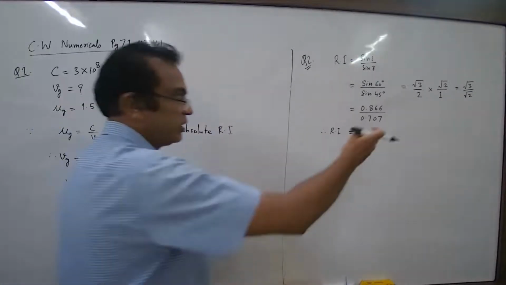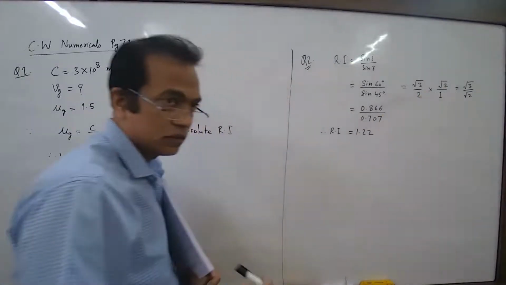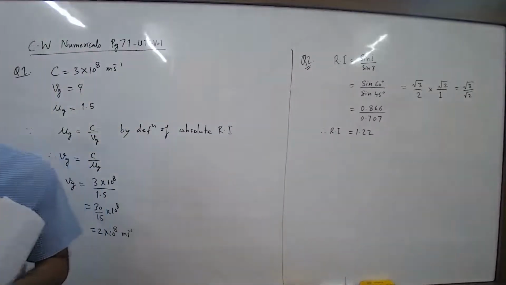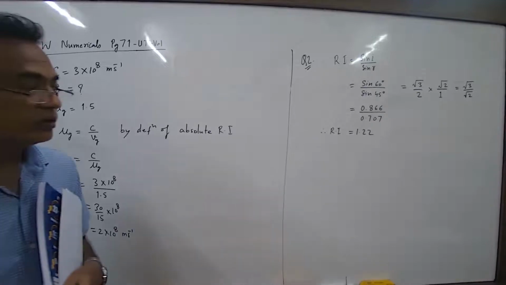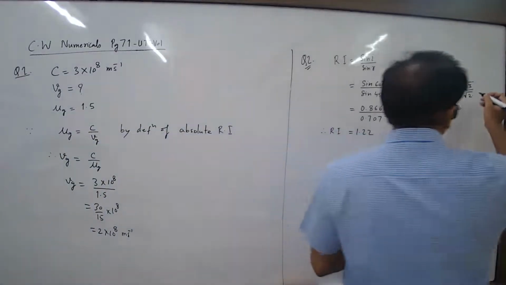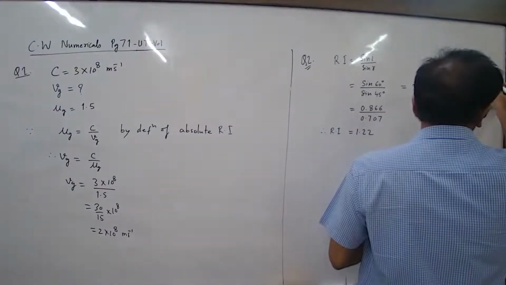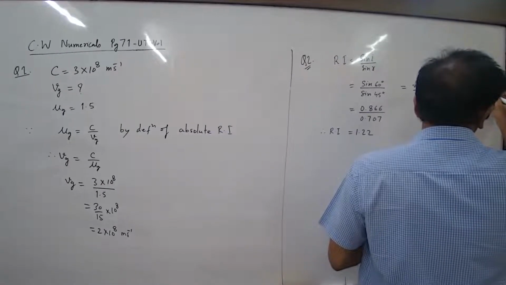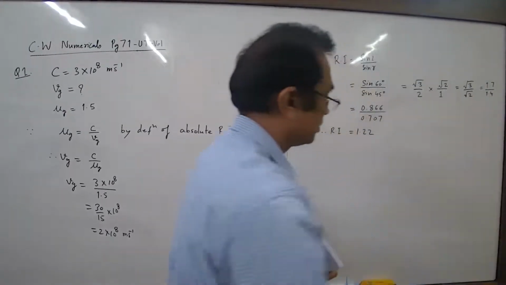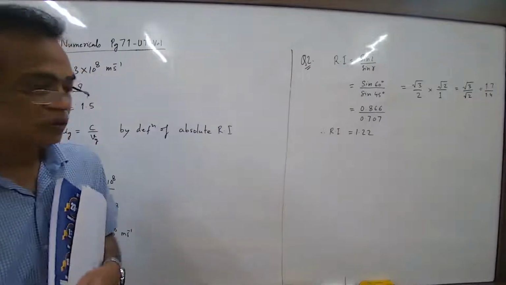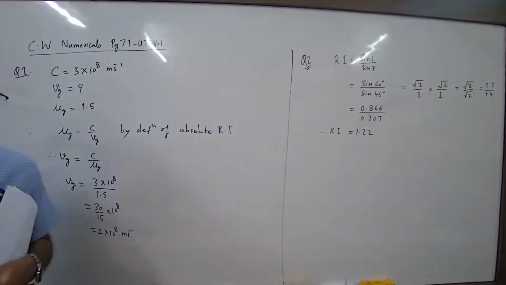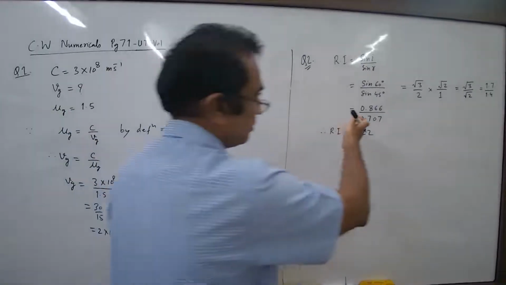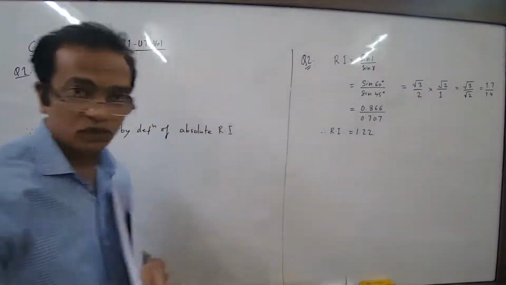When you simplify, you will get this only. What is root 3? 1.7 something, and root 2 is 1.4. So when you divide 17 by 14, you will get 1.22. Either you do it with the given way or this way, whichever you find simpler.